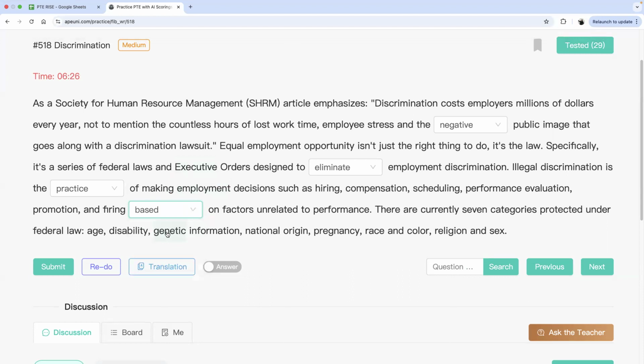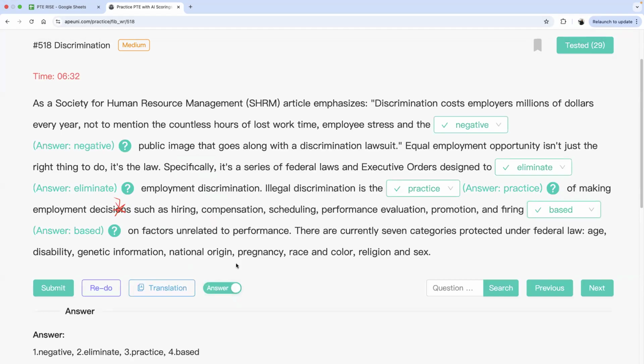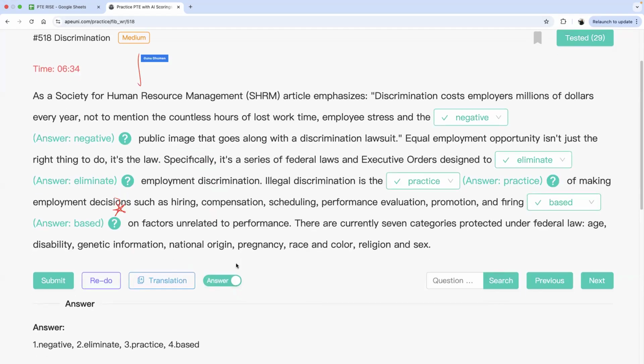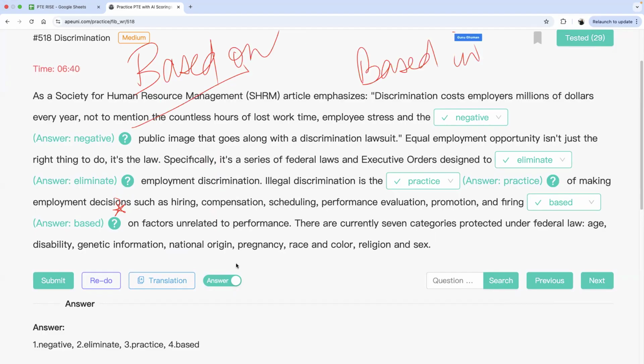So, based on. Can we write this collocation, please? Based on. So, there are two collocations of based. One is based on, the other is based in. What is the difference between the two? Based on means when we say on the basis of, like because of this, on these grounds, also on these grounds, they're all the same. Okay.